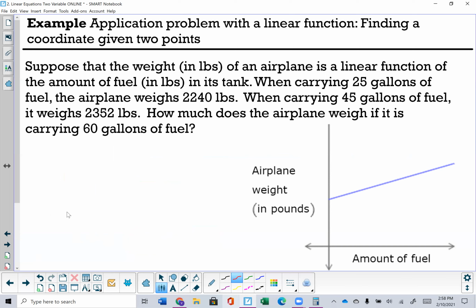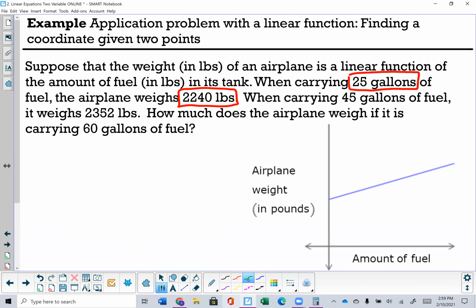So basically what that's saying is that if we wanted to model this, we could use y equals mx plus b to model this scenario. When carrying 25 gallons of fuel, the airplane weighs 2,240 pounds.